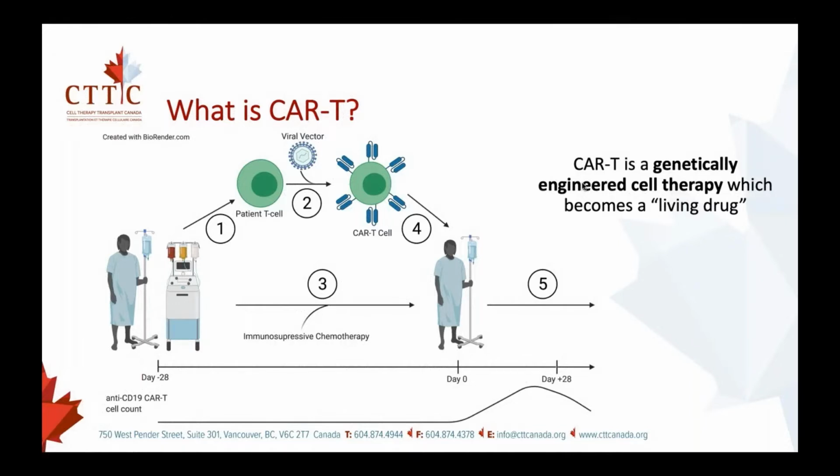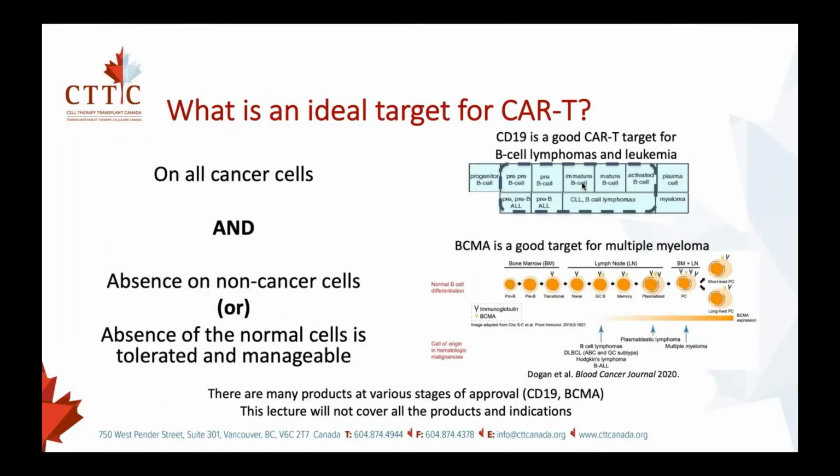So essentially, CAR T is a genetically engineered cell therapy, which has become a living drug. So the drug in this case, so to speak, is the cell product itself, which you see at the bottom there, and it can actually rise over a period of time after the cells are put into the body, and then subsequently peak and then subsequently decline and go into a bit of a persistence phase afterwards.